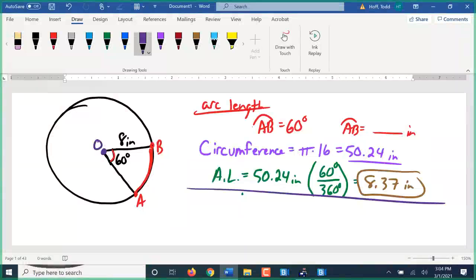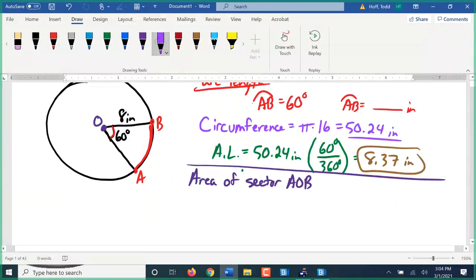I call the center of my circle O. I want to know the area of sector AOB. I start out very similar, almost exactly like my arc length.